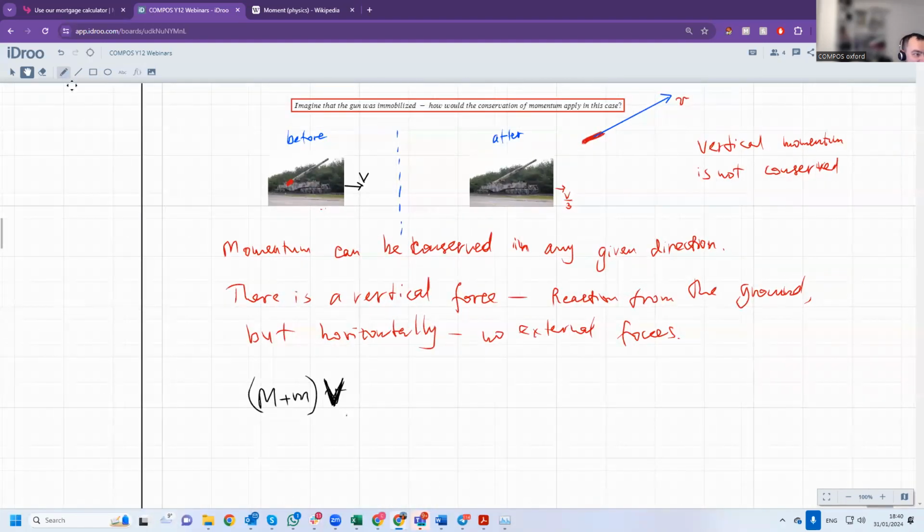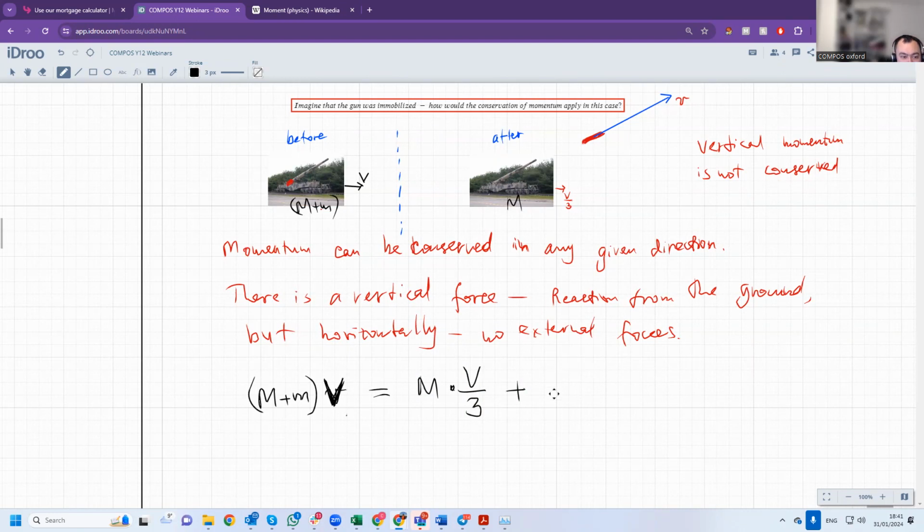Right, so the total mass before the collision is m plus m, times v, equals, now this is just m, because there's no bullet inside, so it's m multiplied by v divided by 3 plus the momentum of the projectile.